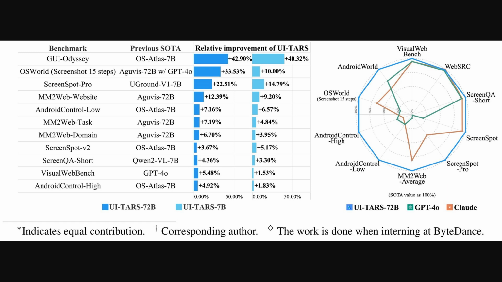And on the right, there's a radar chart comparing UI-TARS 72B directly against GPT-4o and Claude on several key tasks. It clearly shows UI-TARS pushing the boundaries, especially the larger 72B model.